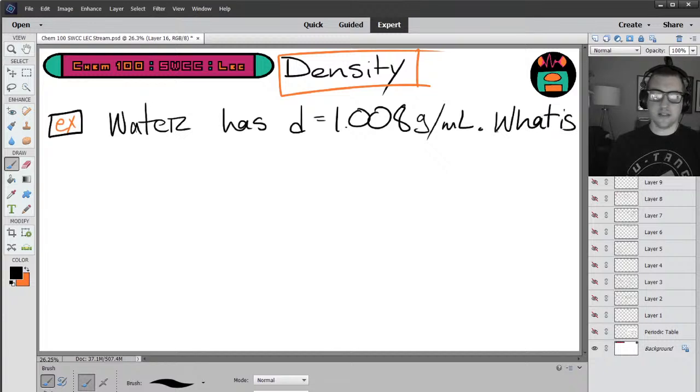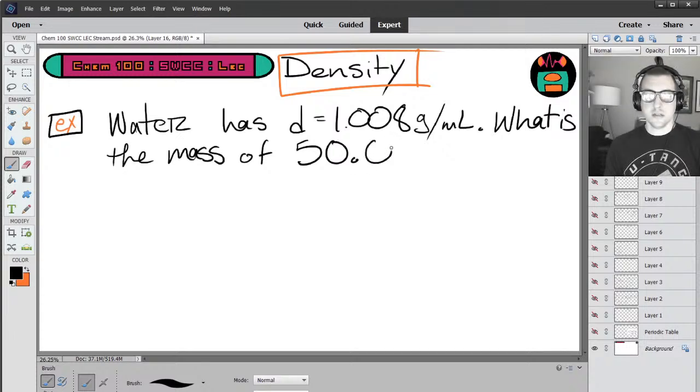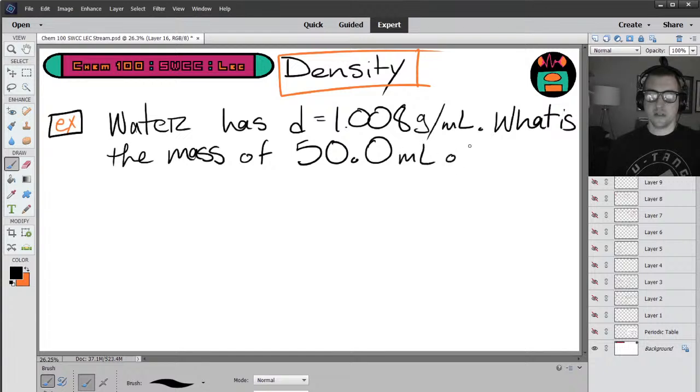What is the mass of 50.0 milliliters of water?